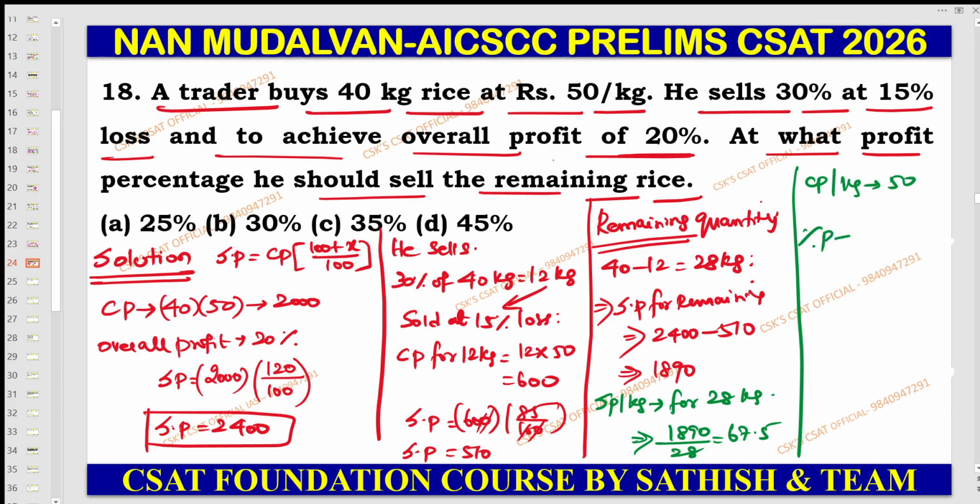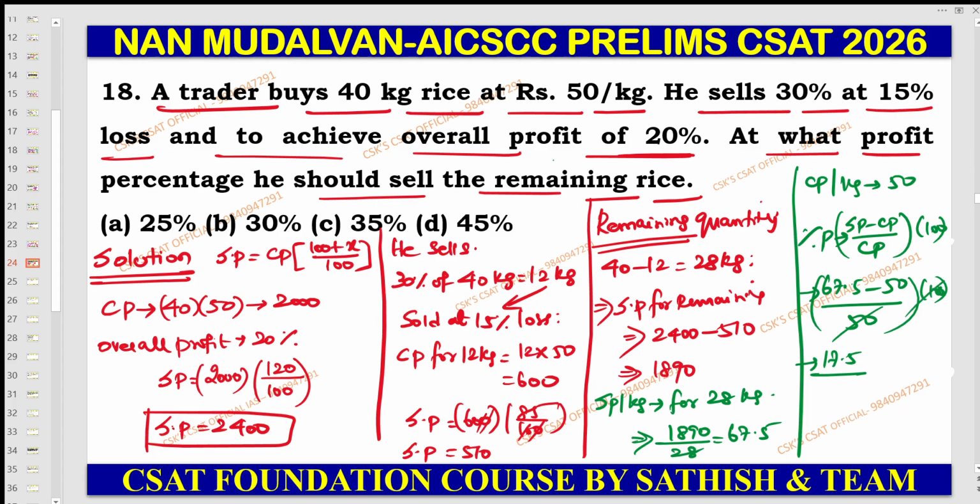So what is the profit here? SP minus CP by CP into 100. What is your SP now? 67.5. Your CP is 50 into 100. So which is 17.5. If you cancel this one, you will get a 2 here, which is 35%. C is the correct answer.